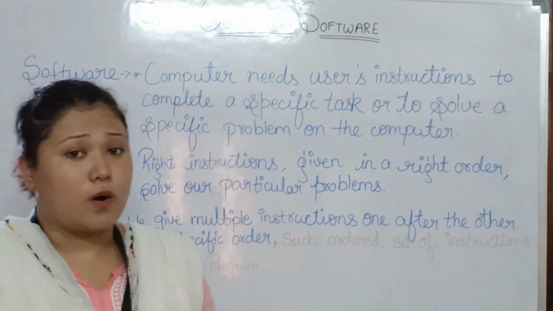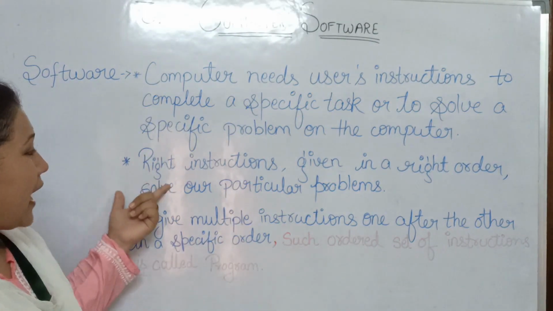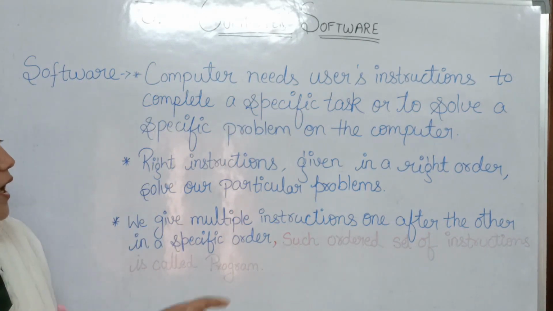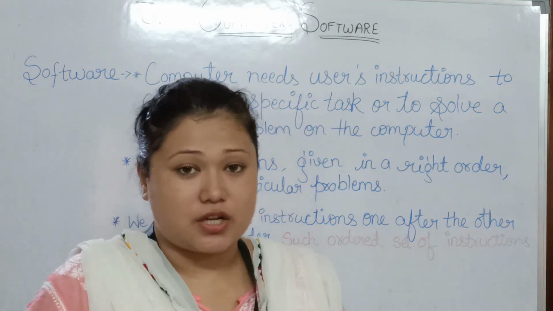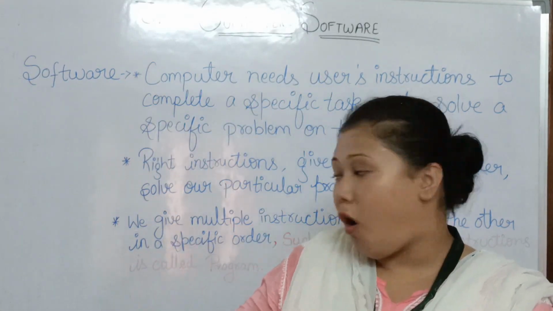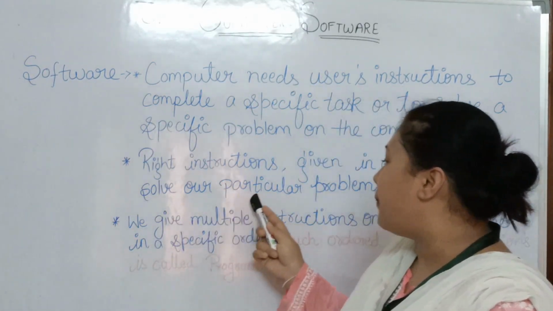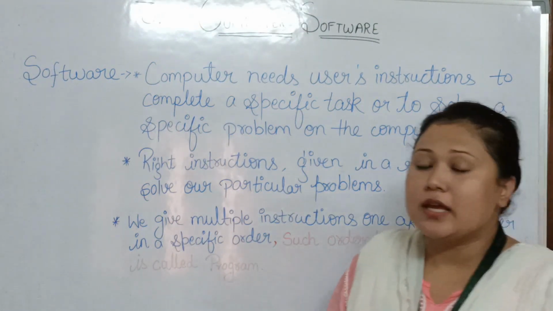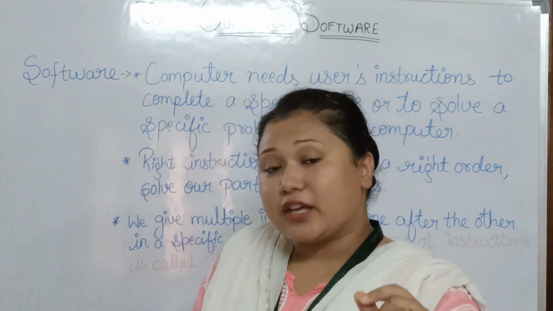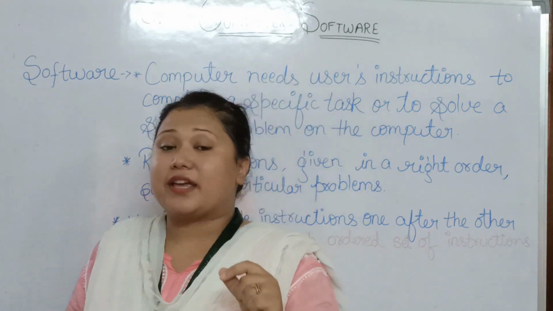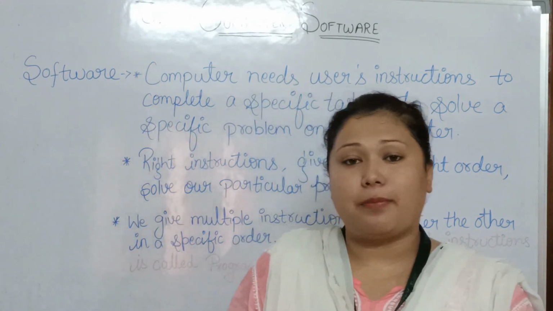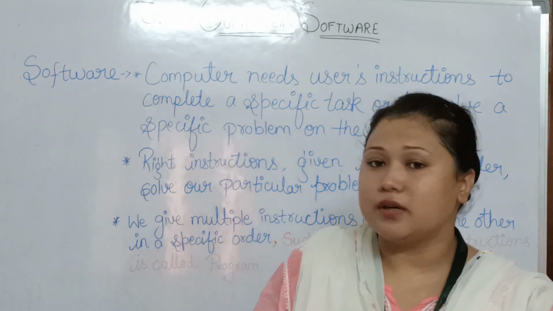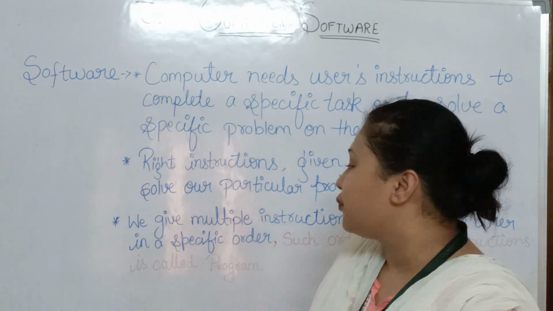Now let's see the second point. Instructions given in the right order solve our particular problems. If you give an accurate command, an accurate instruction to the computer, it will definitely help us get a 100% accurate answer.